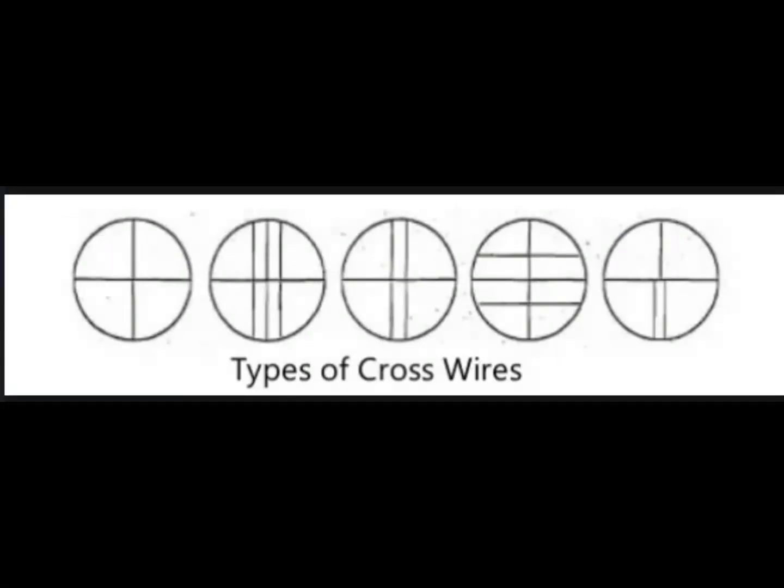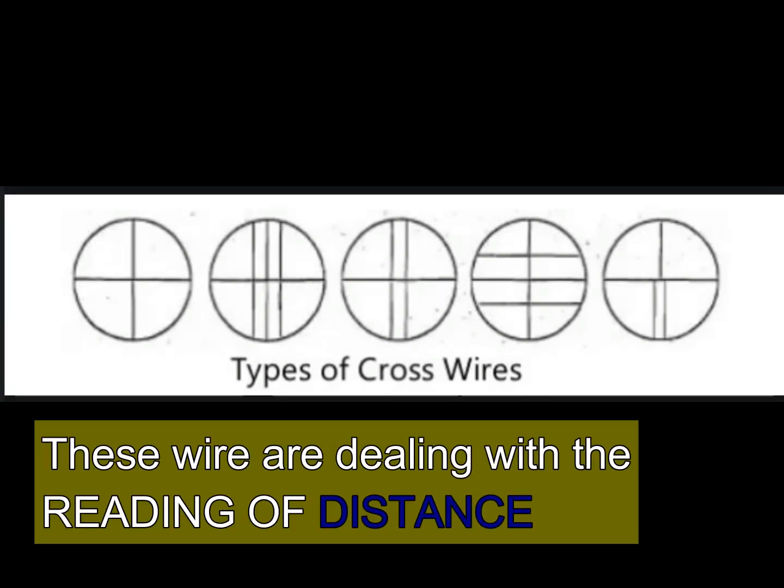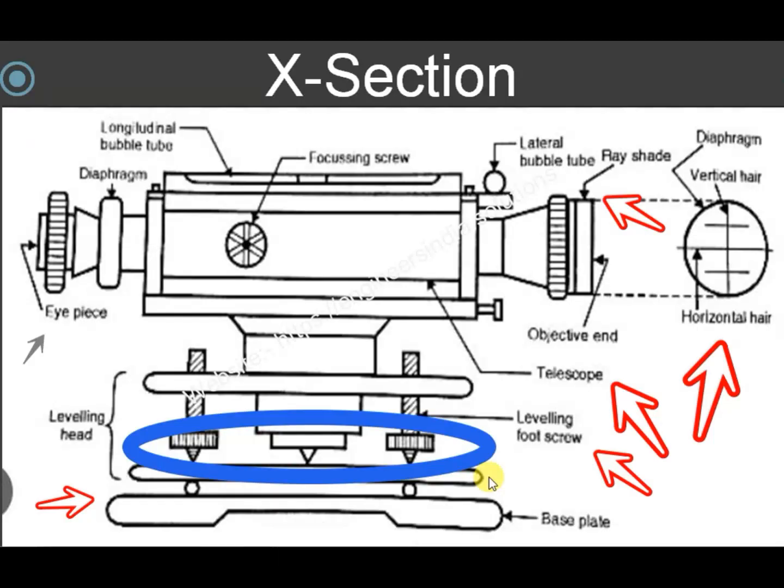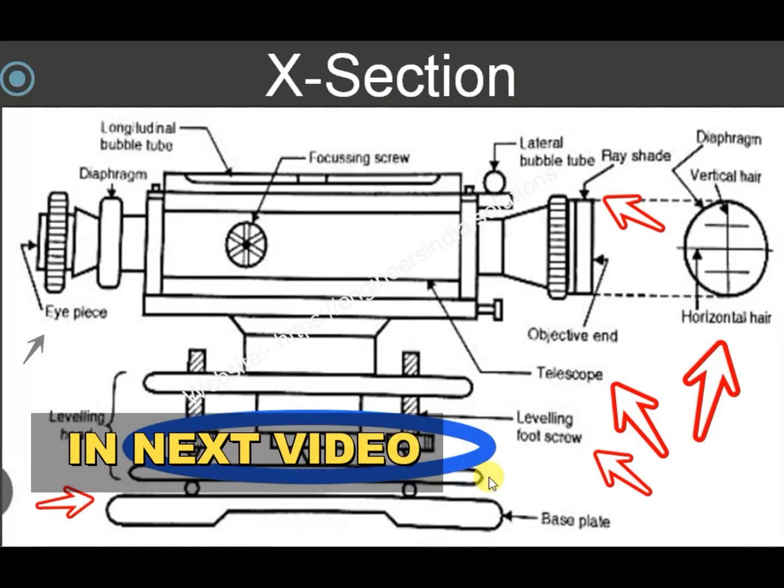So these are the different types of cross wires. They vary from manufacturer to manufacturer and from make to make. You could be using any one of these cross wires in your instruments, and this is applicable for all sorts of instruments. Finally, we get down to the practical aspect of setting of the instrument.